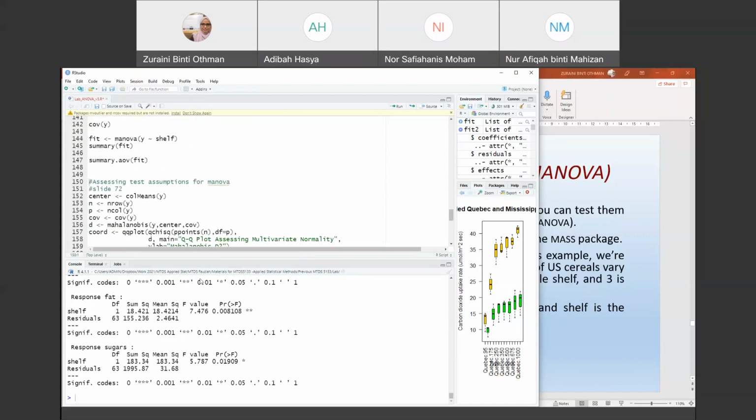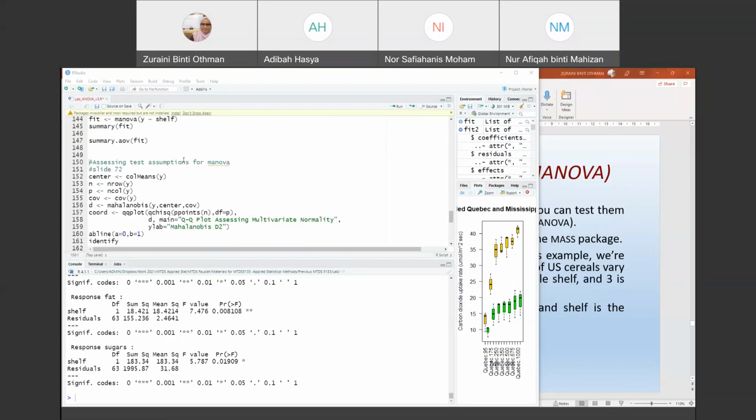Then next is we want to assess test assumption. Okay, how can we assess the test assumption for multivariate analysis of variance? Okay.